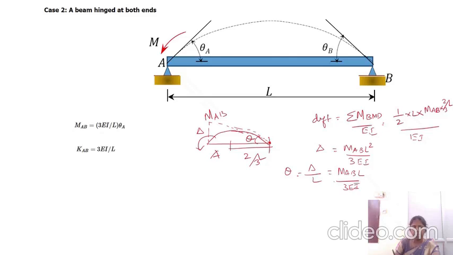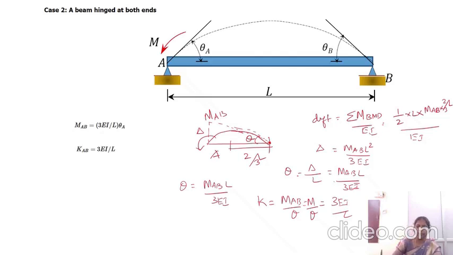Now your theta equal to MAB L by 3EI, and we can form the stiffness value K equal to MAB by theta, or M by theta, which is equal to 3EI by L, because you are bringing theta to this side and 3EI by L on the other side. So it is 3EI by L.